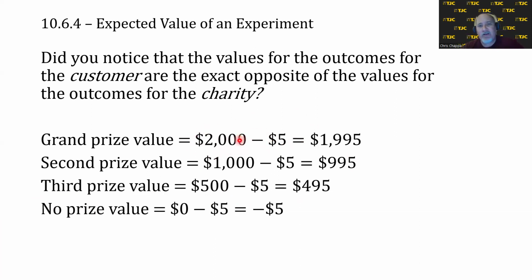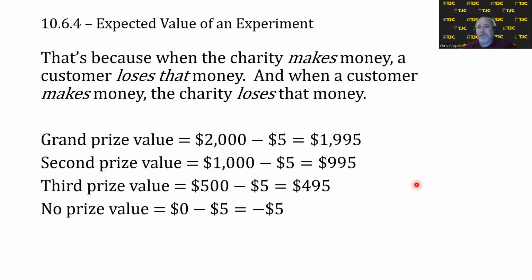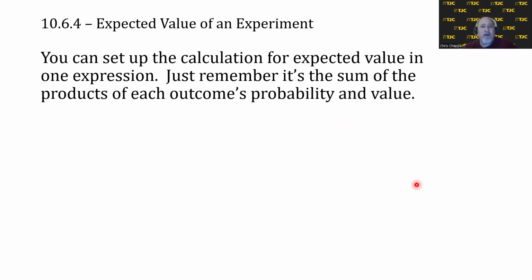They gave away $2,000. And so when you turn the subtraction problem around, this becomes its opposite. So it's not a coincidence that the values for each outcome for the customer are the exact opposite of the values for the outcomes for the charity. And in any scenario, that will always be the case. What is a positive outcome for one is the same negative outcome for the other. Now you can set up the calculation for expected value in one expression.